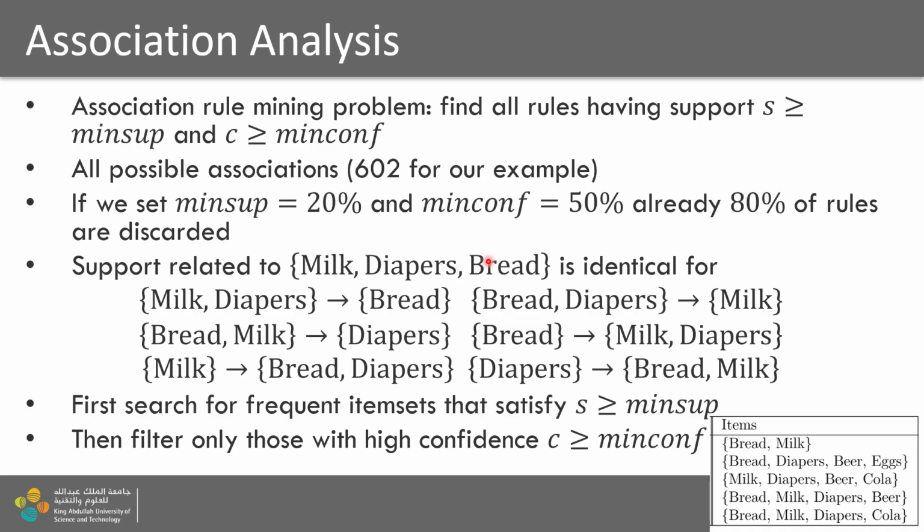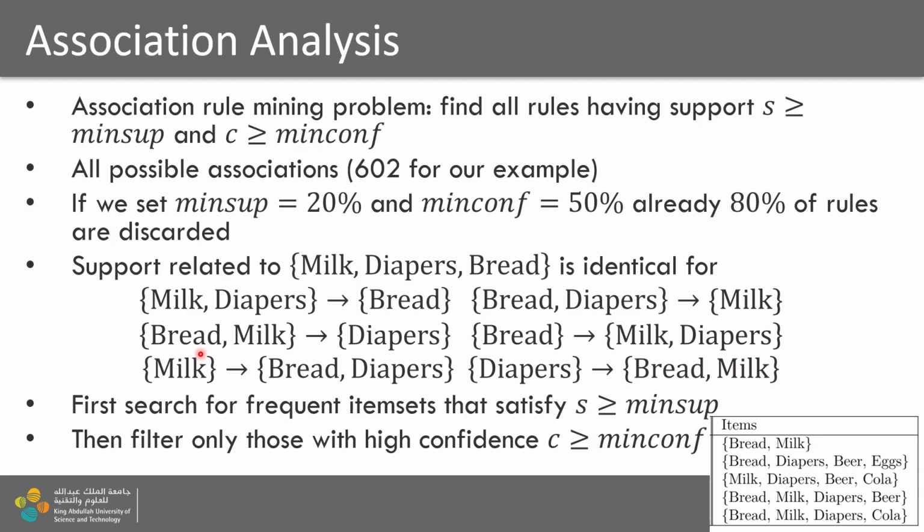So this characterizes these rules: milk and diapers imply bread, bread and milk imply diapers, milk implies bread and diapers, bread and diapers imply milk, and bread implies milk and diapers. They have the same support, all these rules.